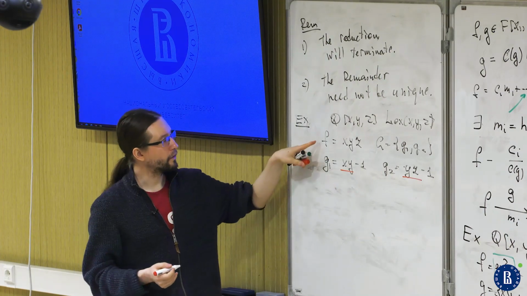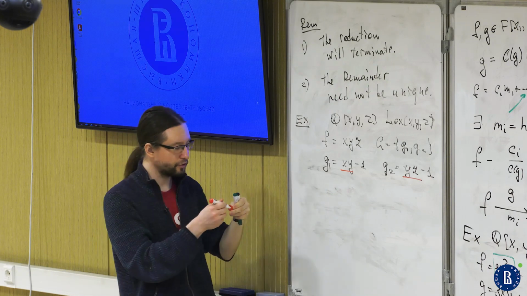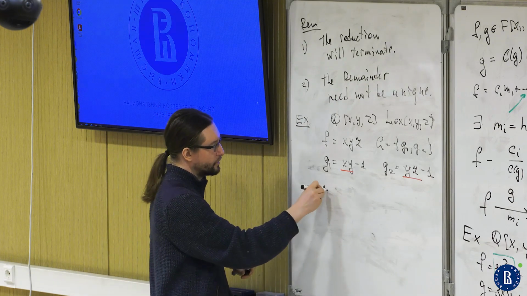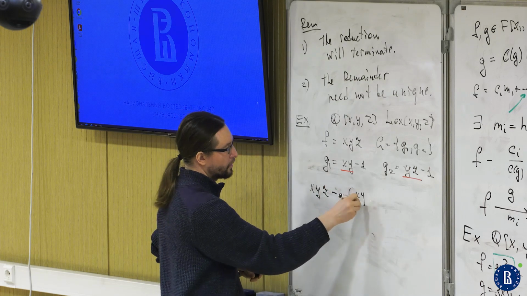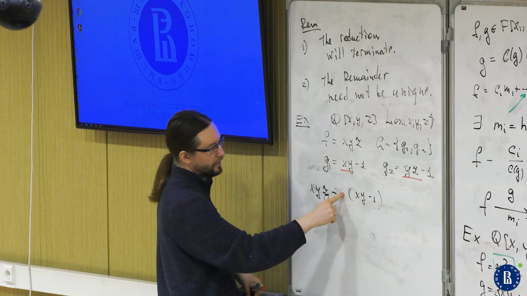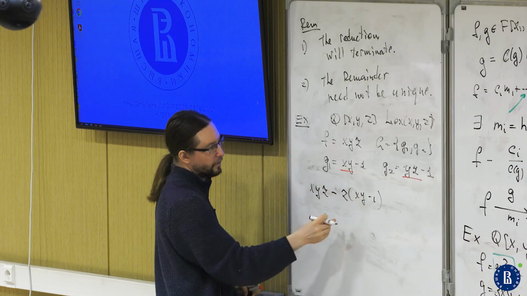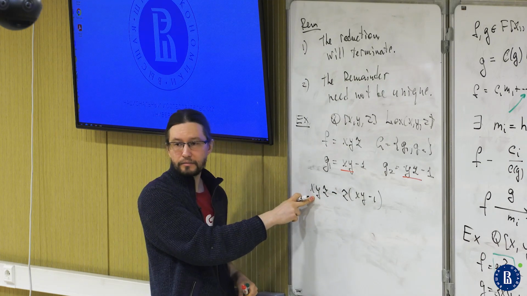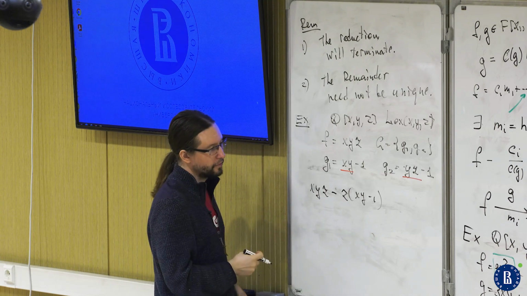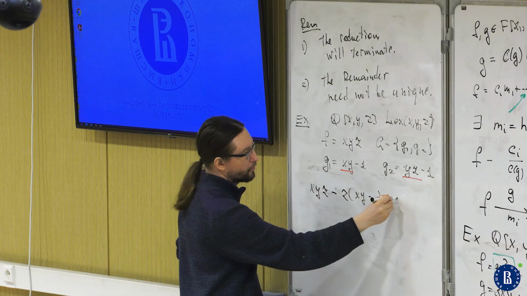So let's make a reduction of f using g1. If we take xyz minus (xy minus 1), we want to multiply this thing by z in order to cancel xyz. So this is the process of elementary reduction, and the result will be z.